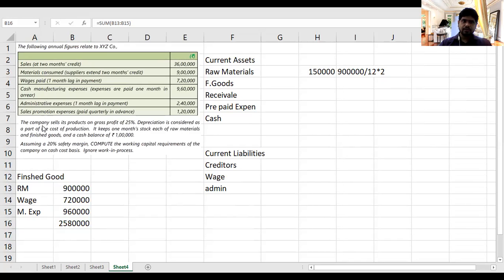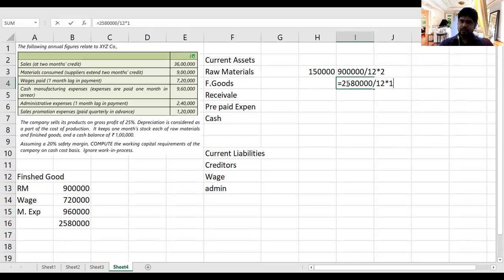The company keeps 1 month stocks of raw material and finished goods, right? So therefore we take total cost as 2,580,000. This is the annual cost, and we divide by 12 for 1 month.